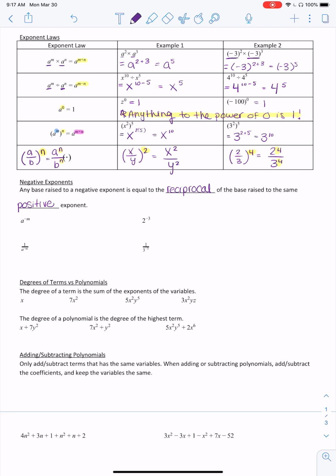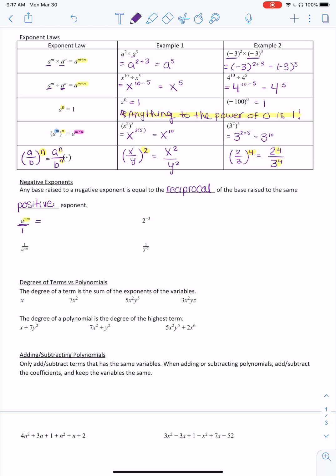So how we're going to change our negative exponents to a positive one is we look at our base first. This negative exponent here is basically telling me that this whole term is on the wrong side of a fraction. And that's where this reciprocal part comes in. So in order to make this positive, I need to take the reciprocal.